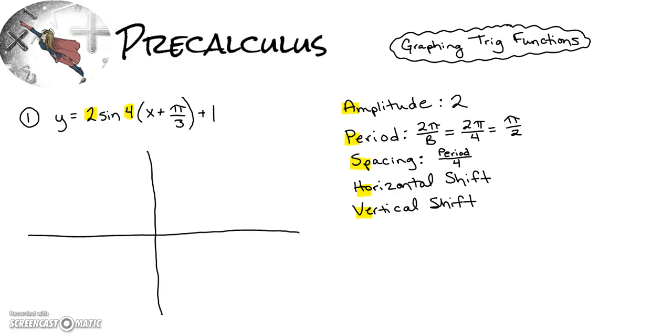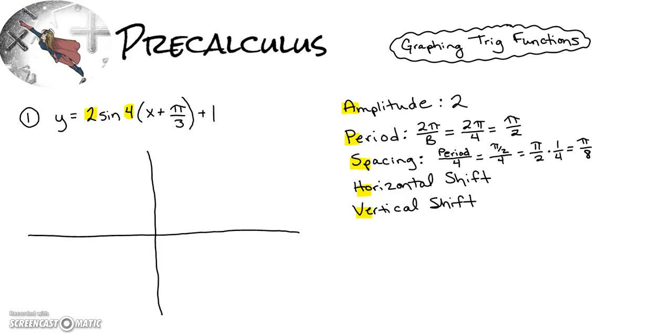So period divided by 4, which for us will be pi over 2 divided by 4, which most people don't like to do without a calculator because of the fractions. But that's just the same as taking pi over 2 and multiplying by the reciprocal of 4, so times 1/4, and that just equals pi over 8.